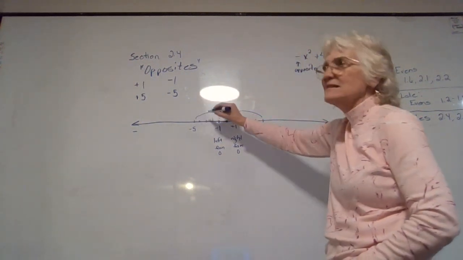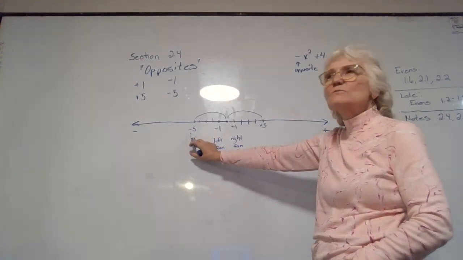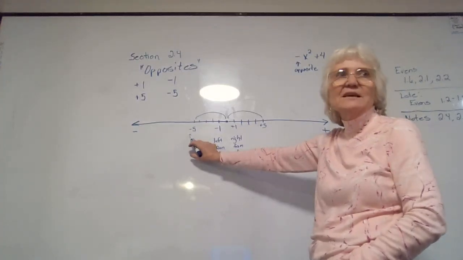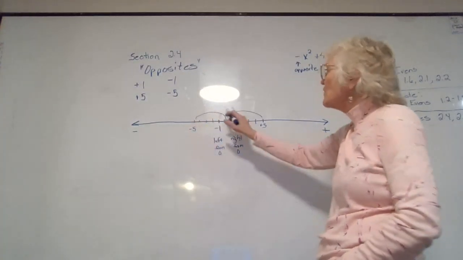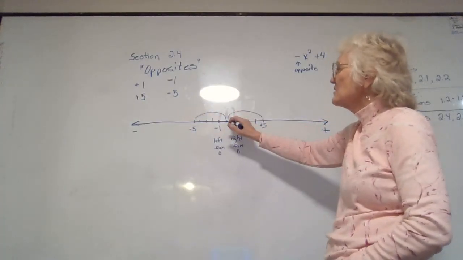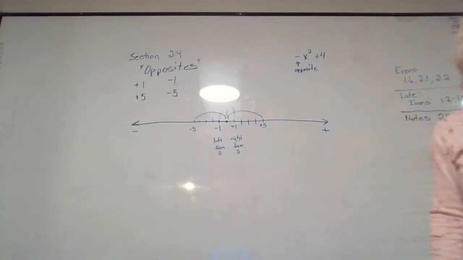The distance is the same. This is just telling which direction we went. So really a positive and negative are directional signs. When we graph or go on a number line, it's how far they are to the left or how far they are to the right from 0. That's what they're really talking about.